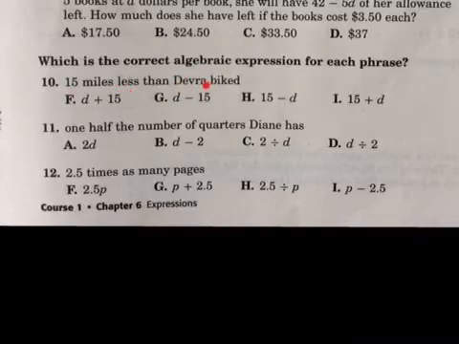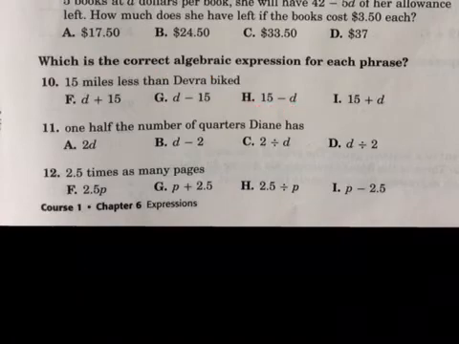It's kind of like you have to read it backwards, because Deborah is the amount, and then it's less 15. So Deborah plus 15, no. Deborah minus 15. This is 15 miles less than Deborah, is it not? We have Deborah and 15 less. This is it right here.